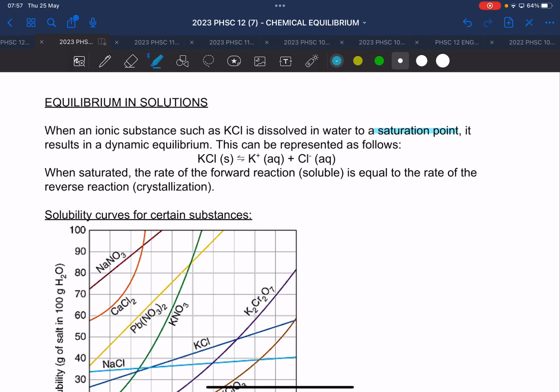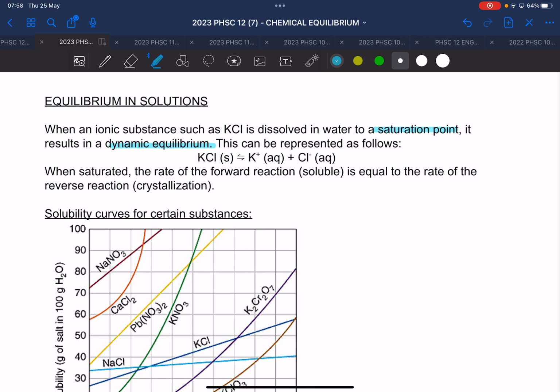All right. So when you dissolve a salt in water, it reaches a saturation point. That's where it doesn't want to dissolve anymore. So when you add more sugar, salt, whatever, then if it wants to dissolve, a particle needs to form a solid crystal again. And then it dissolves, solid crystal, dissolve, solid crystal. So when you reach saturation point, it results in a dynamic equilibrium. Okay?